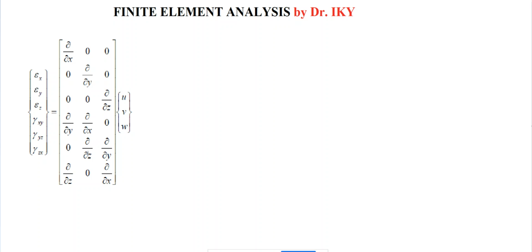And for the second one, dv dz, d omega dy, and du dz, 0, d omega dx. It's the open form of a strain vector in terms of matrix definitions.